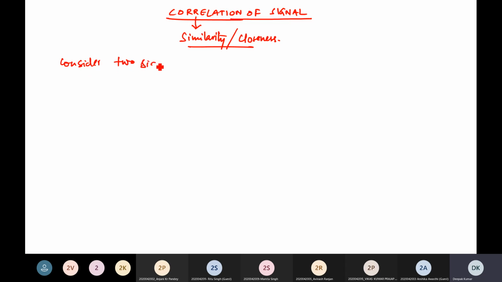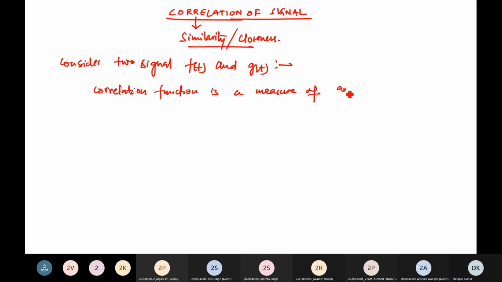Consider two signals f of t and g of t. Then the correlation function is a measure of the amount of similarity between f of t and g of t.